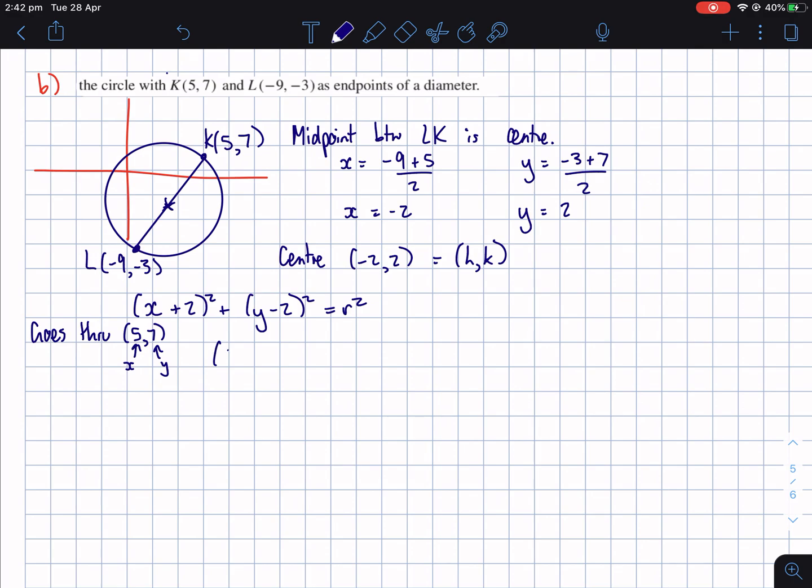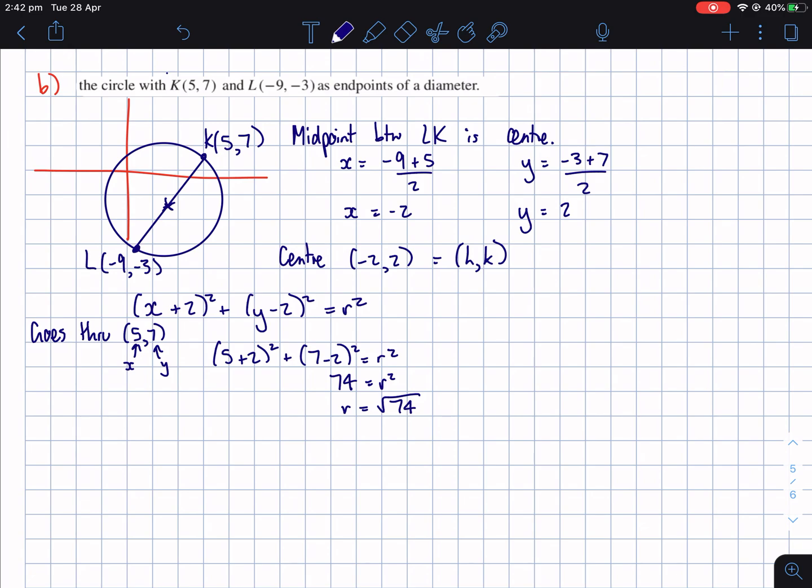So I've got 5 plus 2 squared plus 7 take 2 squared equals r squared. So 5 plus 2 squared plus 7 take 2 squared, I've got 74 equals r squared, so r is root 74.